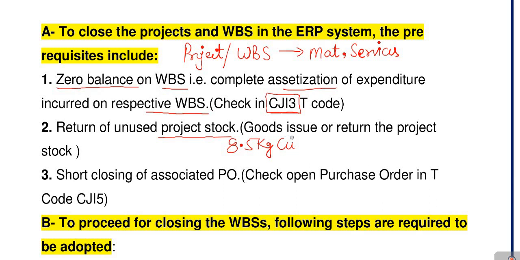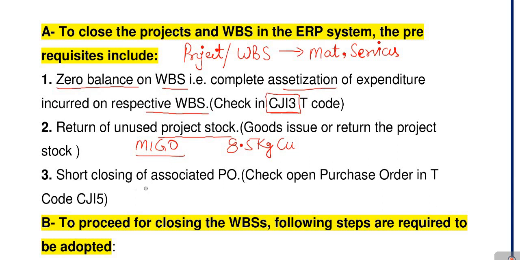So the remaining 1.5 kg of copper you should return to the warehouse. You should perform this transaction via MIGO. You can cancel the project stock which you have planned.